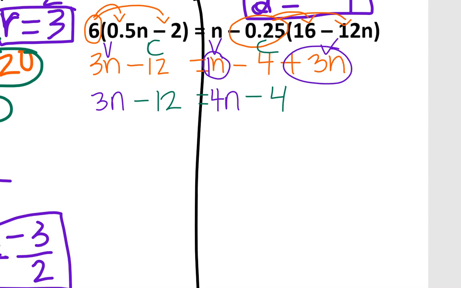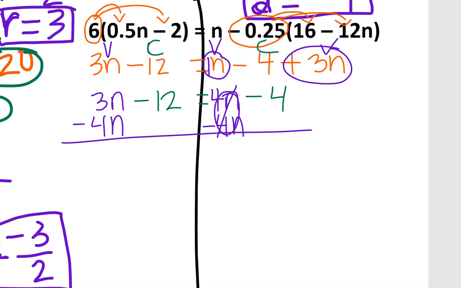Step 4, which is my new step: move my letters to the left. So I'm going to subtract 4n on both sides. The right side became a 0 pair. 3 minus 4 is negative 1n.